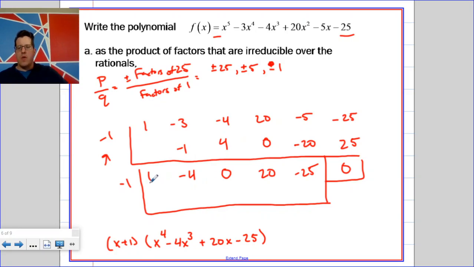I'll change this, and now I'll try -5. I already had the negative there, so that's why I'm trying -5. And when I plug that in, I can see kind of quickly that that is not going to work. I don't even need to get this far to be like, whoa, that's going to be a big number. So -5 is not going to work either. The way that I could tell is I just knew that it wasn't going to equal 0.